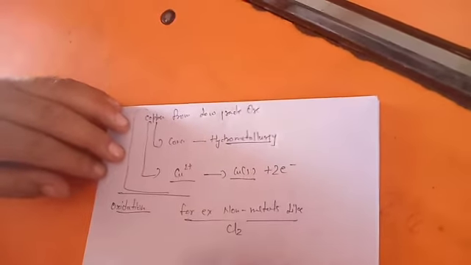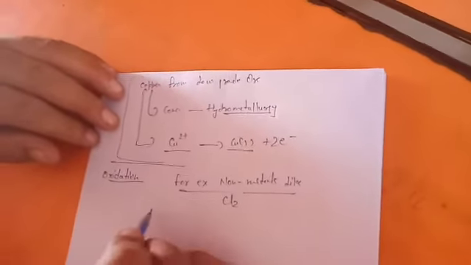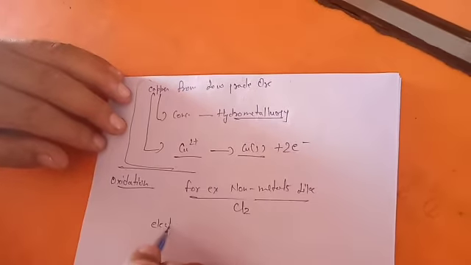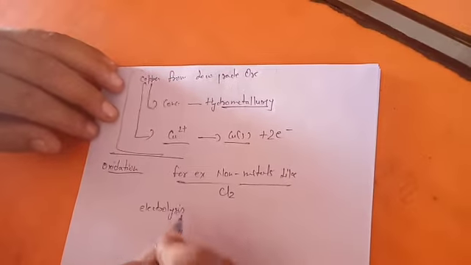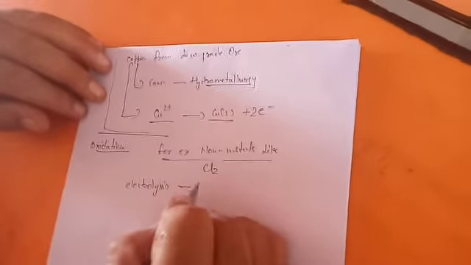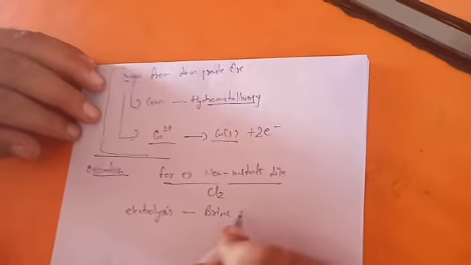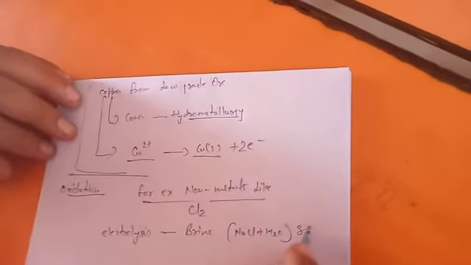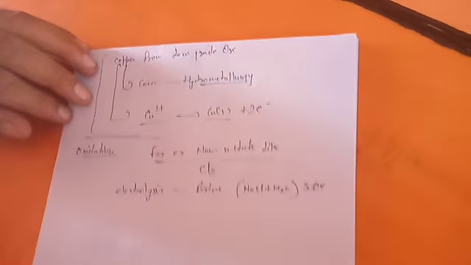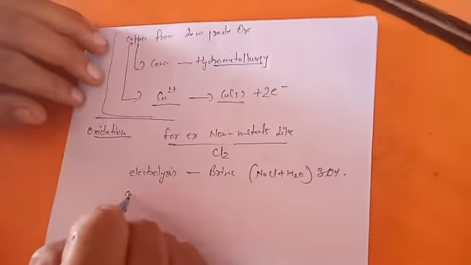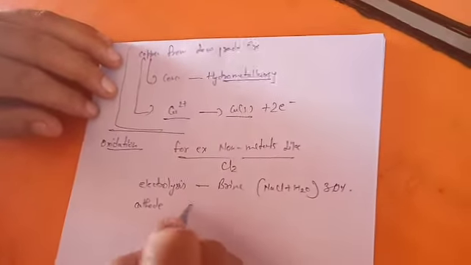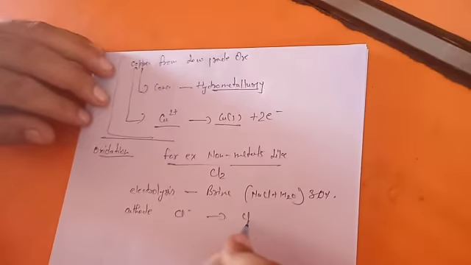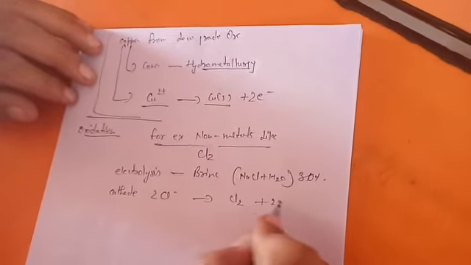chlorine gas. You know that in case of the electrolysis of brine, you have already studied in the previous class that electrolysis of brine you will do. Brine is what? NaCl plus H2O, 30%. That is termed as brine. So now what will happen? At anode, you know that the chloride ion will start converting into chlorine by losing the electron.